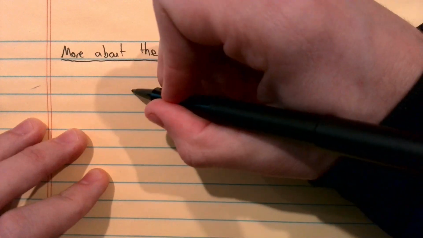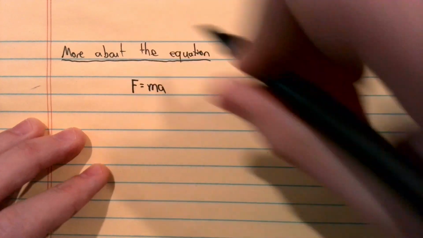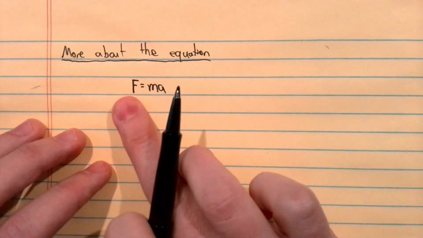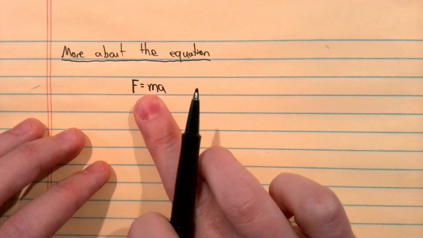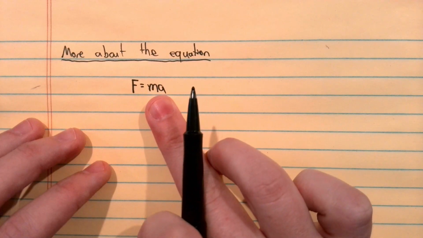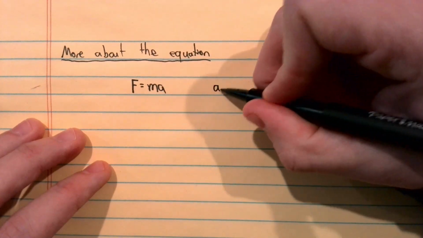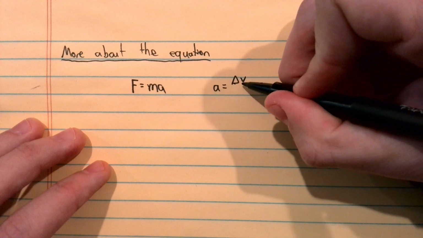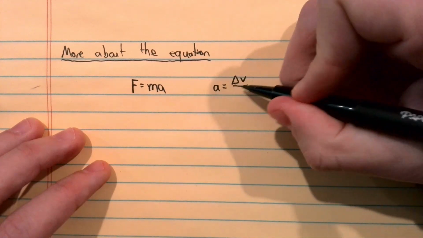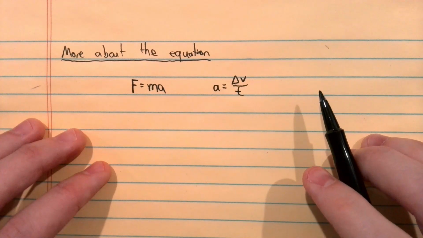And here we'll start with Isaac Newton. Isaac Newton famously said in his second law that the force acting on something is equal to the mass of that object times the acceleration of that object. What we know about acceleration is that by definition, it is the change in velocity of that object divided by the time of that change.